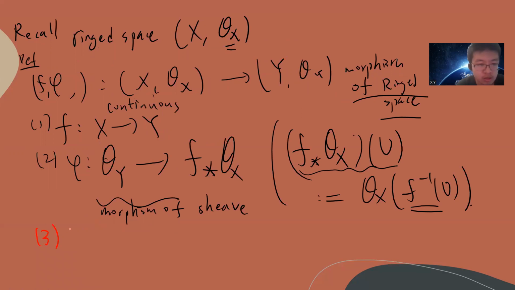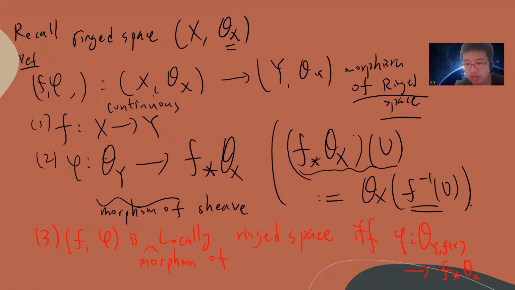We say that (f, phi) is a morphism of local ringed spaces if phi, from the stalk of O_Y at f(x) to the stalk of O_X at x, is a local ring map.